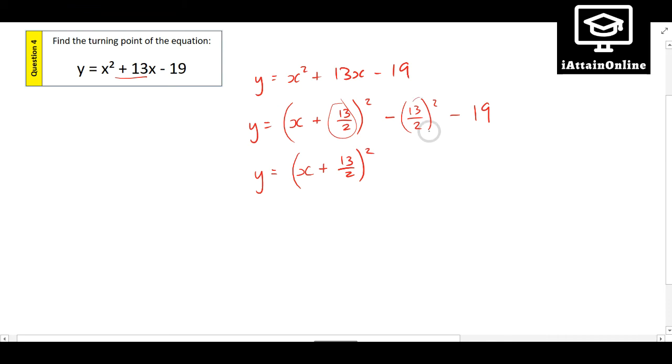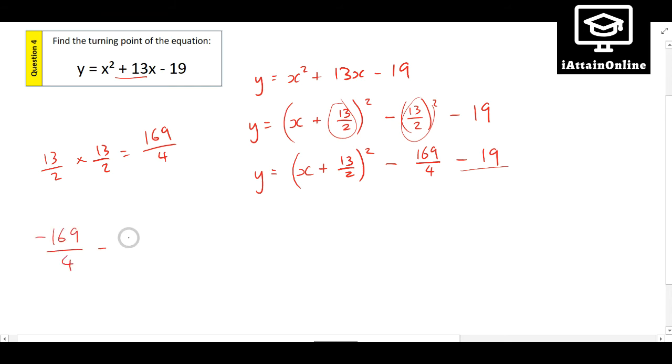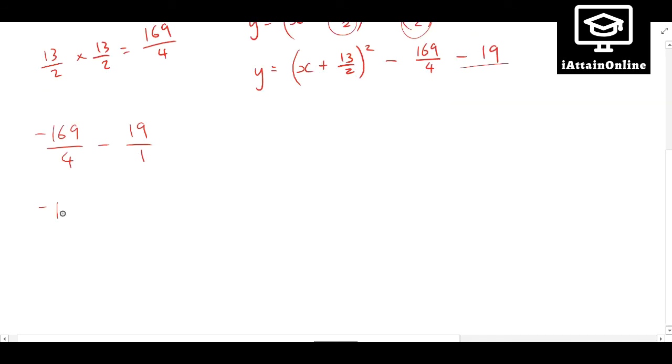I'm just going to take this fraction over here and square it, which means multiply it by itself. 13 squared is 169, 2 times 2 is 4. So we're going to take away 169 over 4, and then we're going to take away 19. Remember, we're trying to do negative 169 over 4 and take away 19 over 1. Again, to add and subtract fractions, the denominator must be the same, so I need to write that over 4.